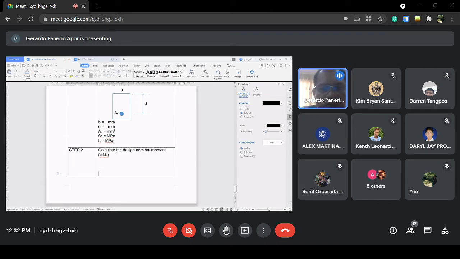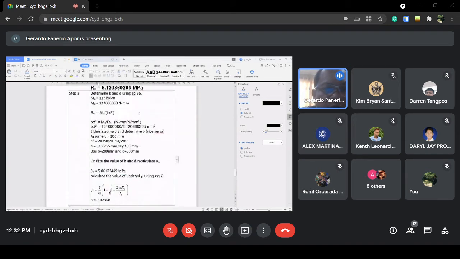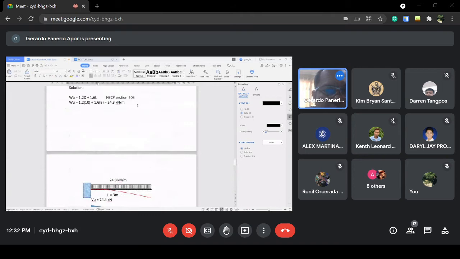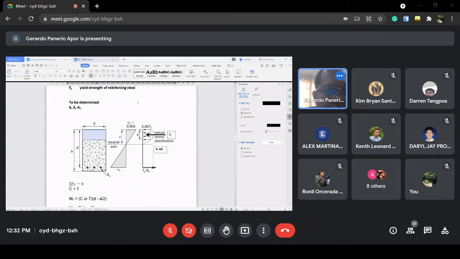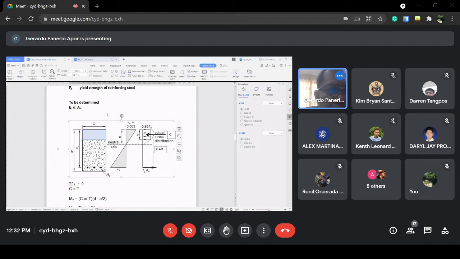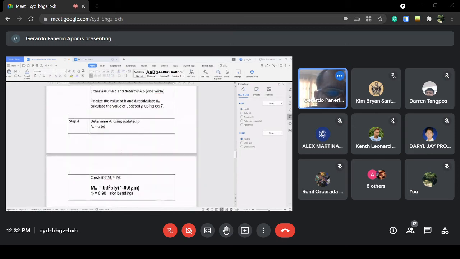Paano mo gagawin calculate? All you have to do is to use this figure. We will use the figure.